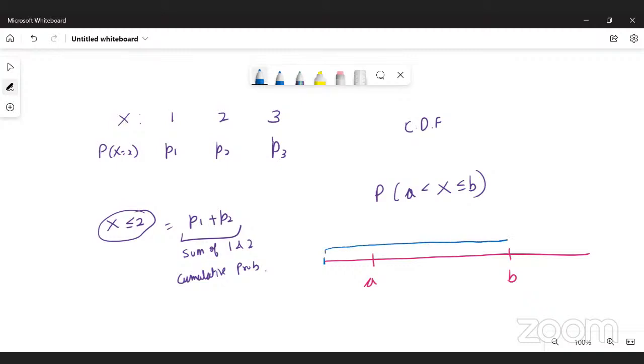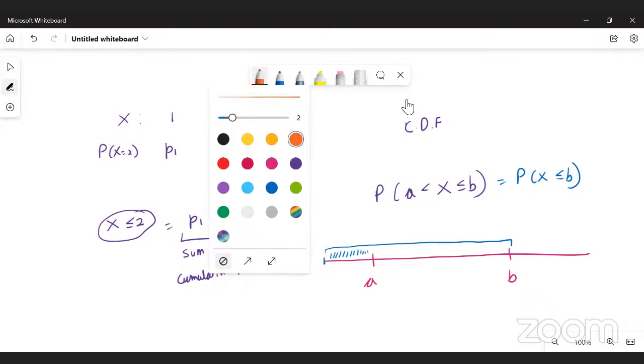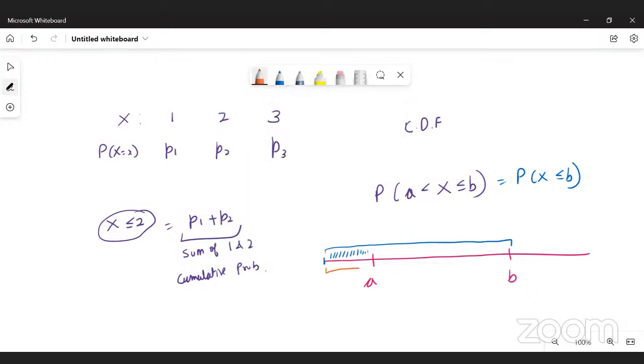It would be this region. Now if I generalize it to between a and b, it would be this, because I am getting this region extra. This region I can subtract by subtracting the CDF at point a.